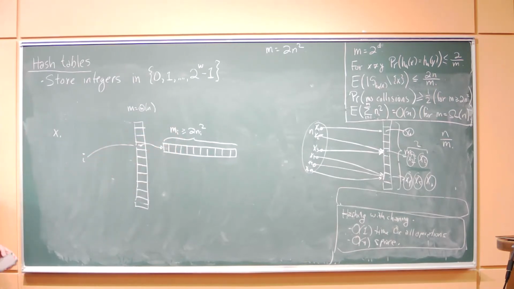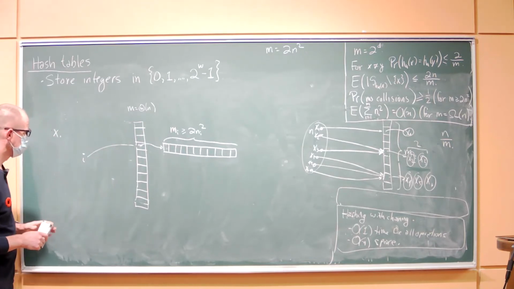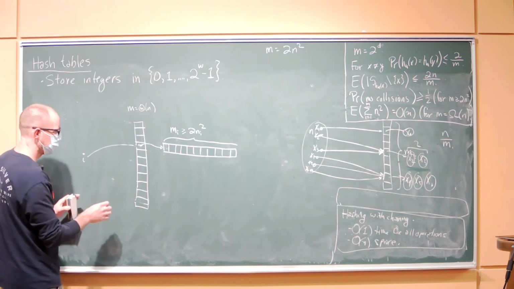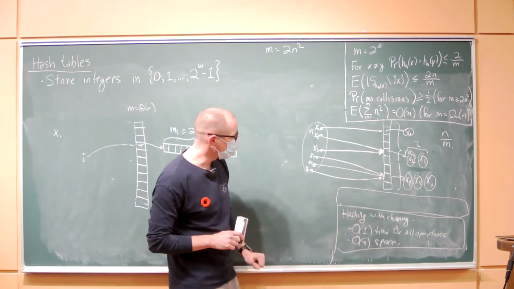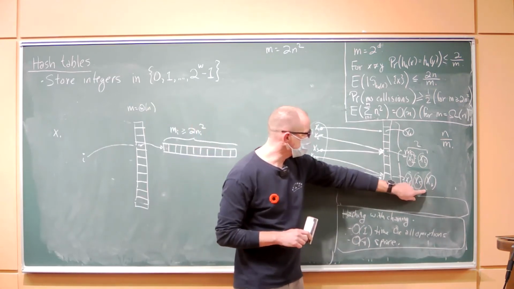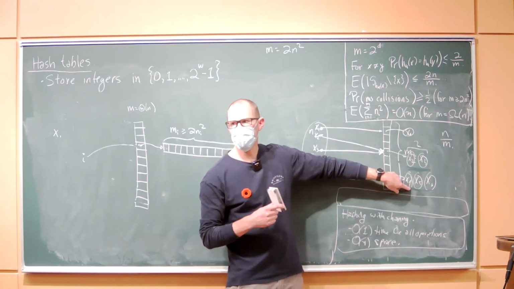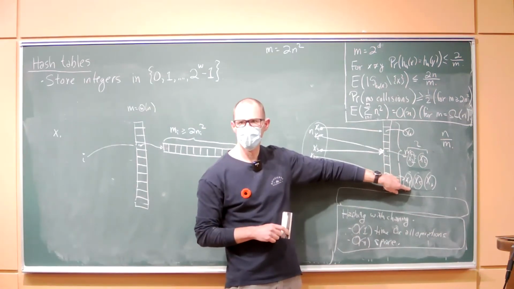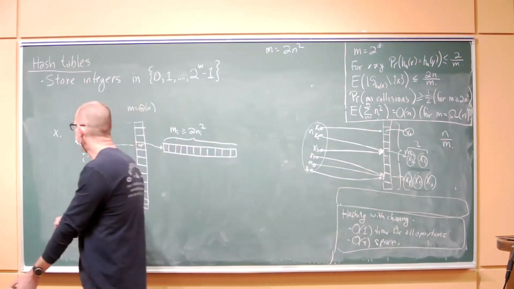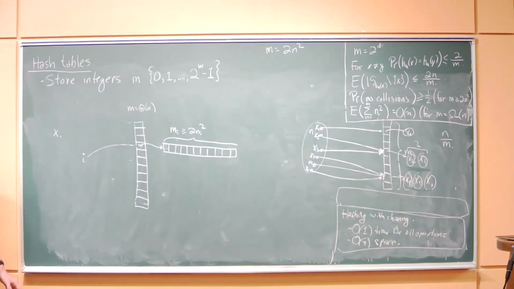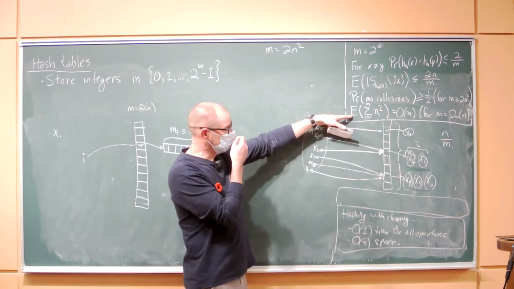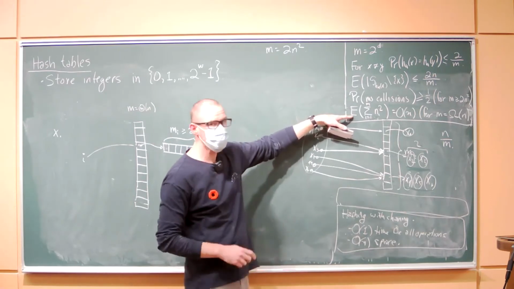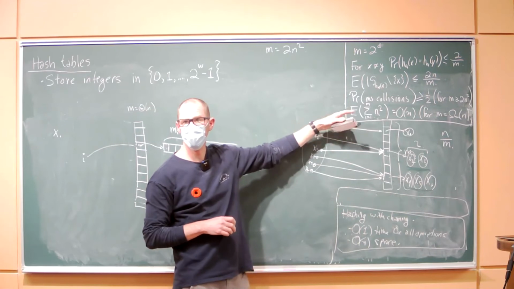Okay. And so that's the structure. It's the same structure we started with, hashing with chaining, but you replace these lists by quadratic sized hash tables for the elements that are in that list. And this result here says, yeah, that's fine. Even when you add up the sizes of all those quadratic sized hash tables, you get something whose expected size is linear.